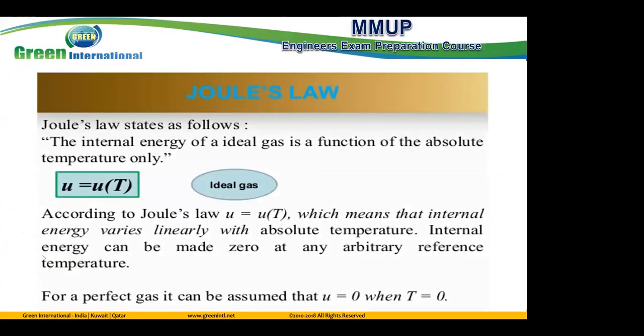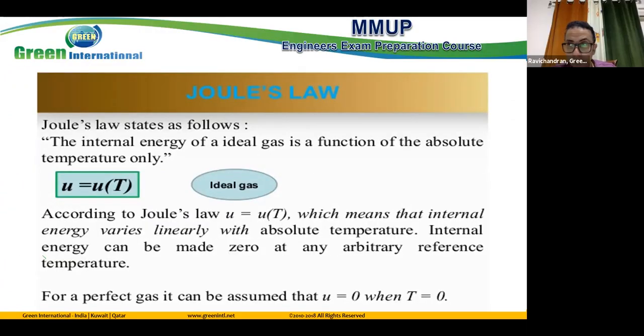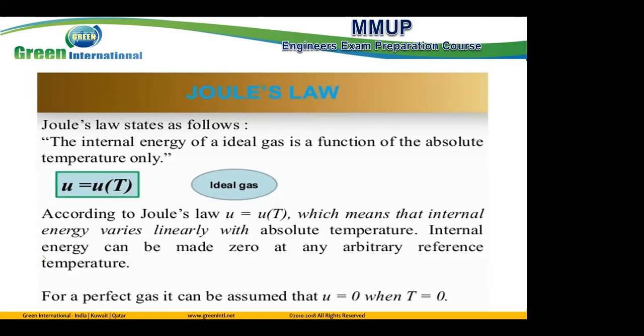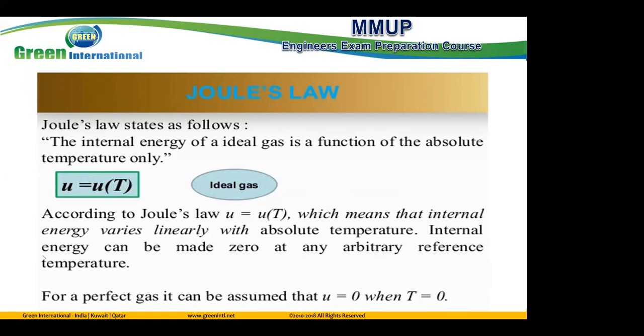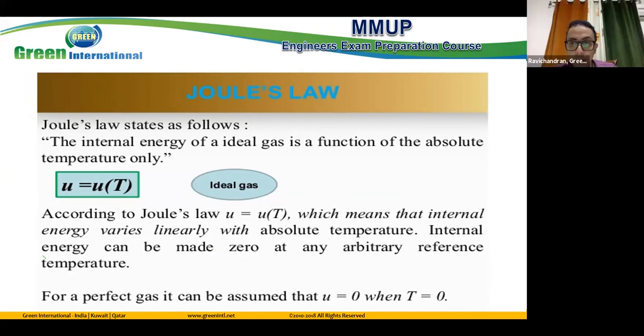Joule's law says that the internal energy of an ideal gas is a function of absolute temperature only. This definition comes as a theoretical question in the exam. Internal energy of an ideal gas is a function of absolute temperature only. So for any calculation related to internal energy, it is a function of temperature only.